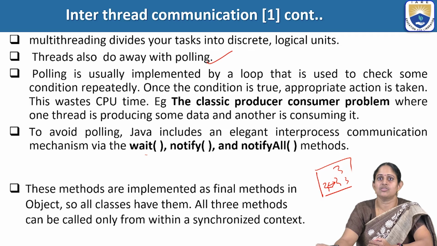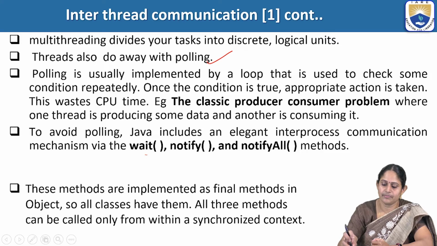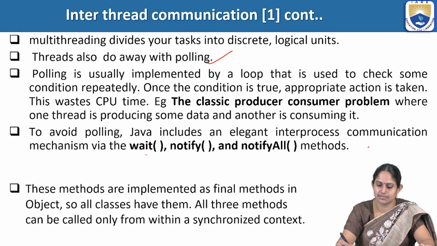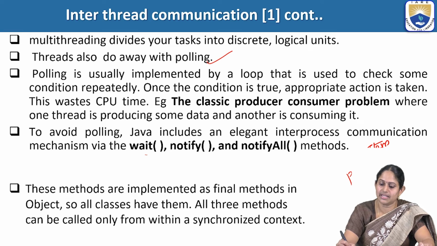The producer-consumer problem is one of the best IPC examples. What happens in the producer-consumer problem is that we have a resource, say an item. The producer will produce this item and store it in its buffer, and the consumer will take that item produced by the producer and consume it.